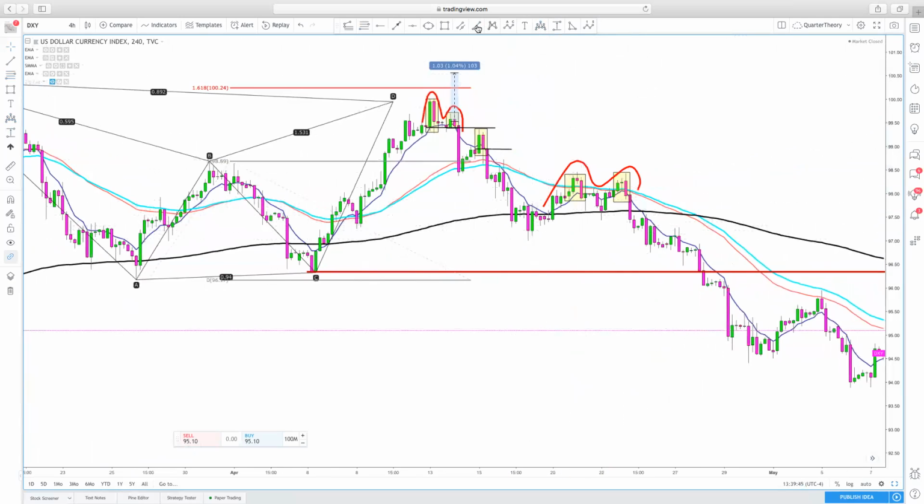I'm just going to draw this out with some lines. So you have the right shoulder, you have the head, and you have the left shoulder, and then you have the break. And when this is broken here, your inverted head and shoulders has been activated.